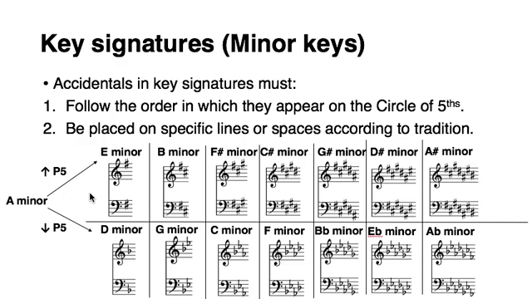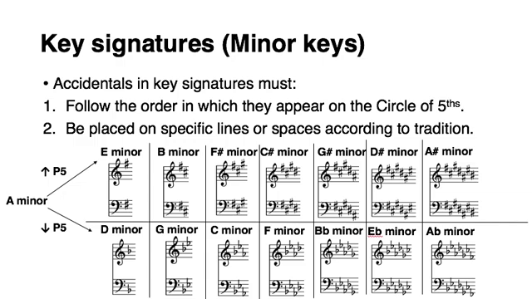So basically, once we know the key signatures for major keys, we already know the key signatures for minor keys and vice versa. Maybe this was self-evident from the fact that the accidentals in the circle of fifths were the same for both major keys and minor keys, right?